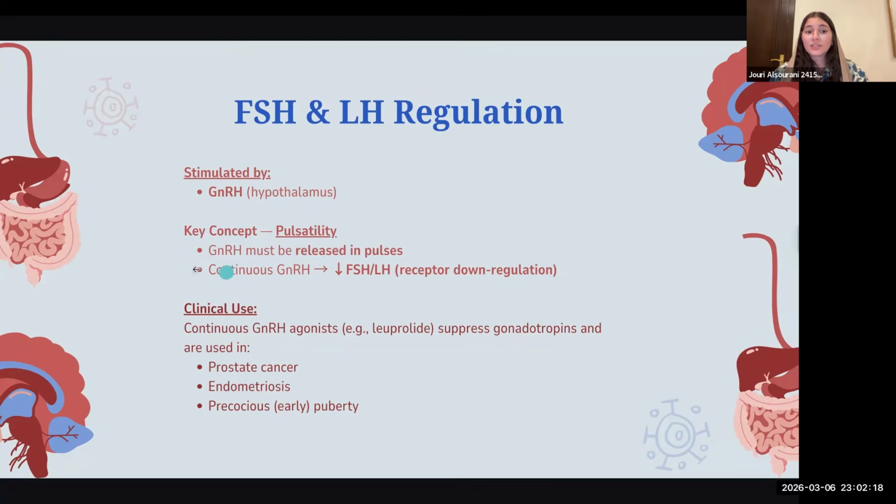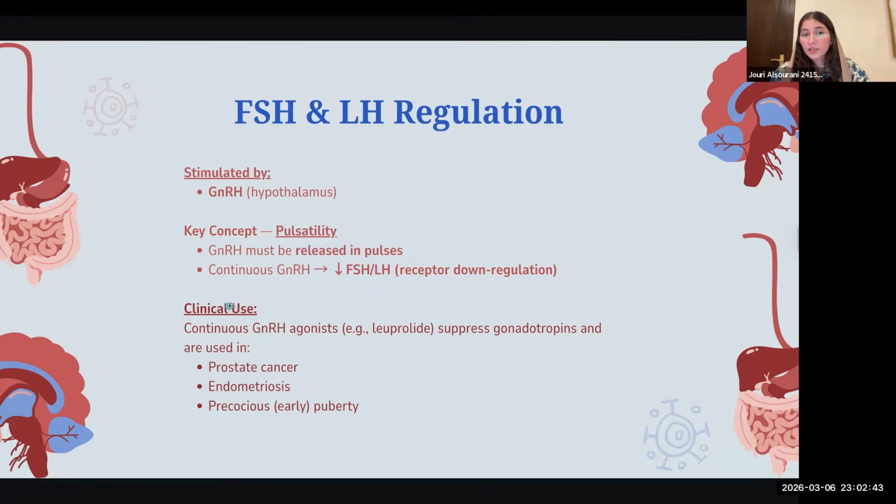But if we have a continuous release of GnRH by the hypothalamus, then we're going to have a decrease in FSH and LH. Why? Because if the receptor is constantly being stimulated, then it's going to be downregulated and it's not going to be able to produce the FSH and the LH anymore.